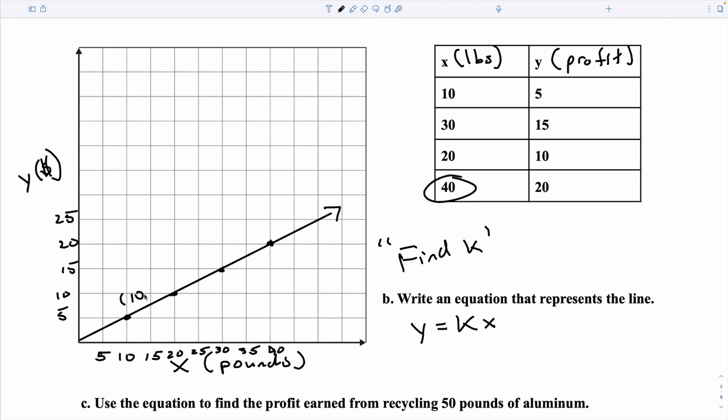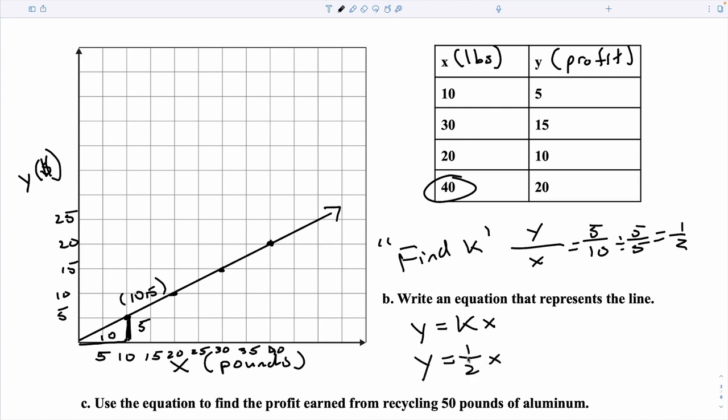And if you go over 10, you'll go up 5. Over 10, up 5. So this point has a y value of 5, an x value of 10. Let's plug it in. Y value is 5, x value is 10. Simplify it, and your constant is 1/2.